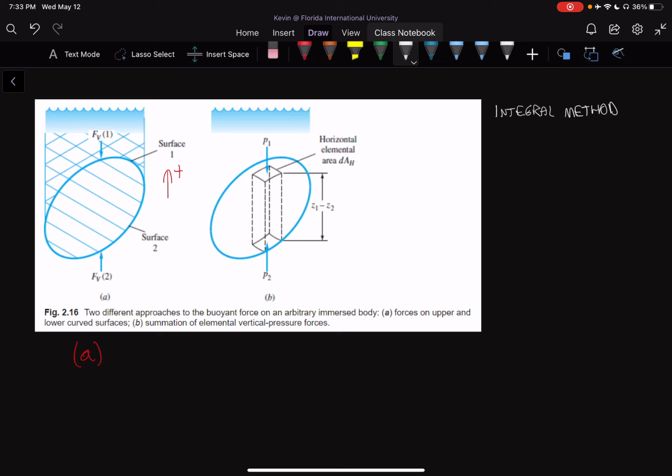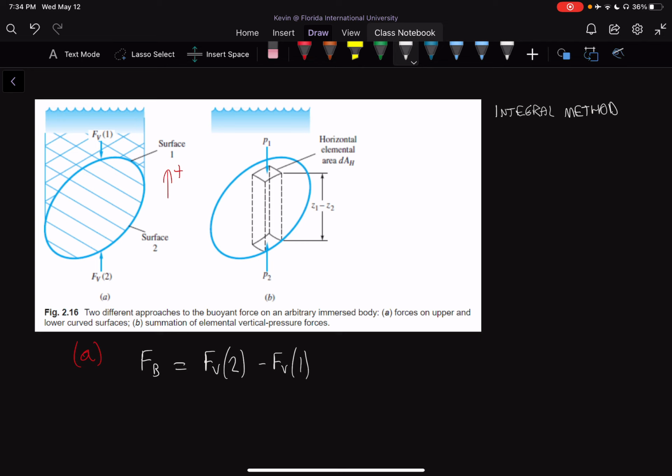And we see that there's a vertical force at the top going down and a vertical force at the bottom going up. What we can say is that the buoyancy force is equal to the difference between those two. So it's equal to FV2 minus FV1. We took positive going up, so it makes sense that FB is equal to FV2 minus FV1. That's just the buoyancy force.